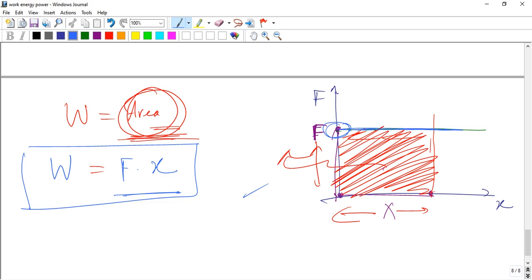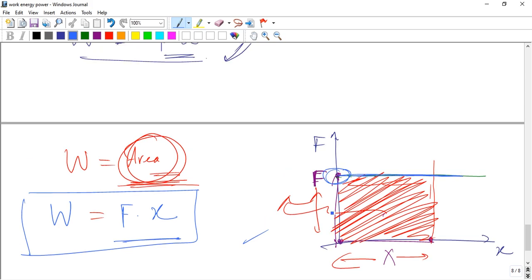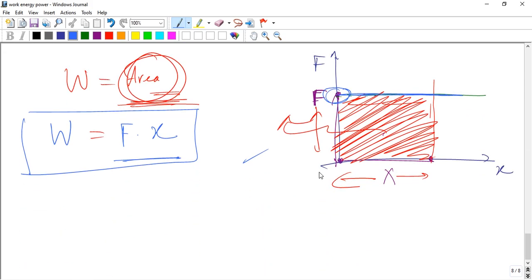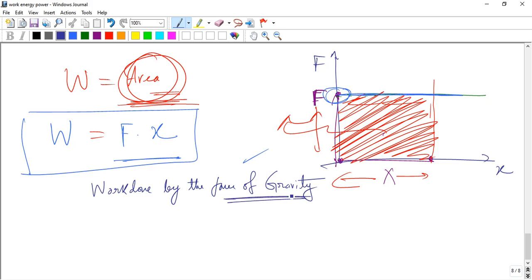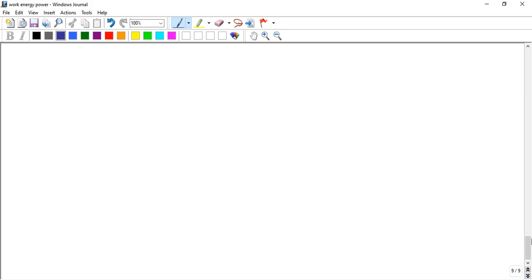Next concept. Now we discuss the work done by the force of gravity. Force of gravity, or gravitational force, always acts downwards. You know that.